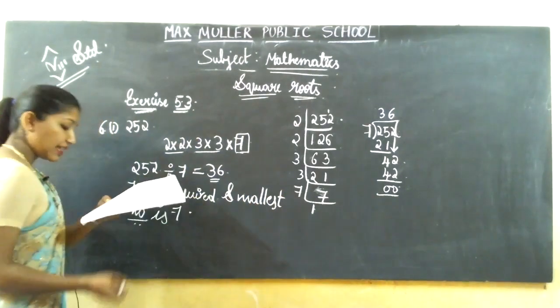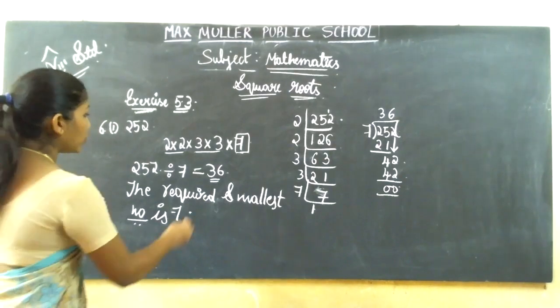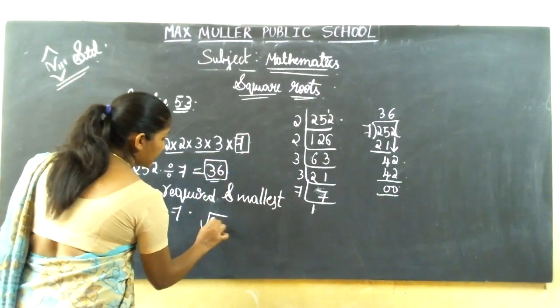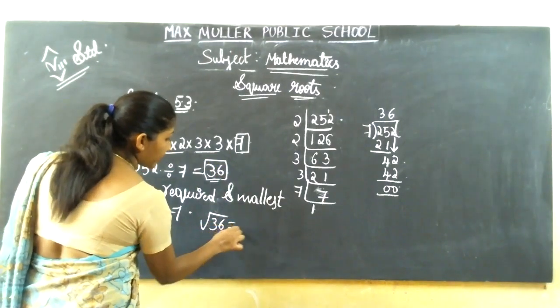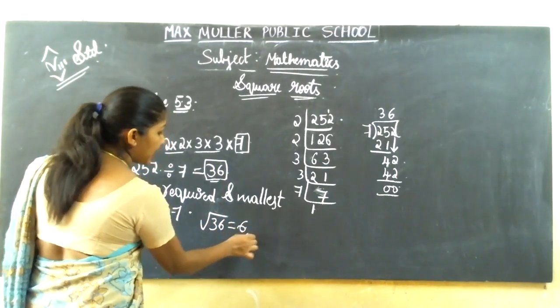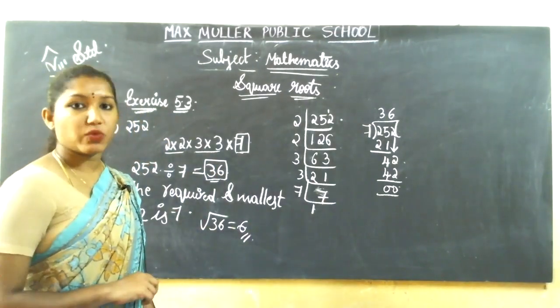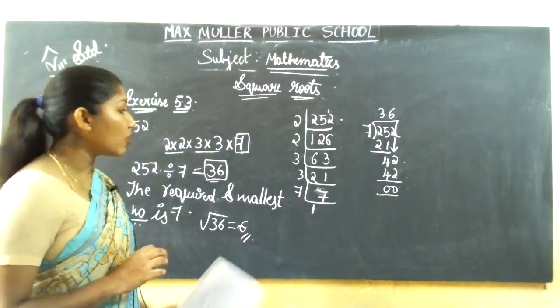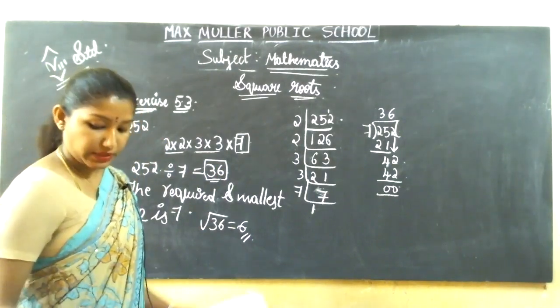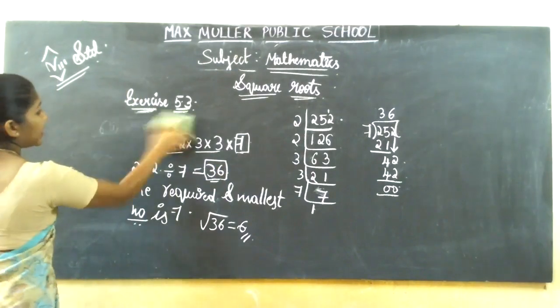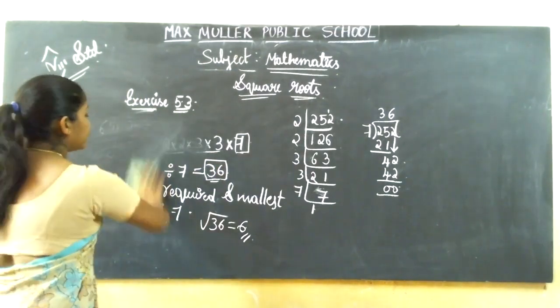Then you got 36, and you know the square root of 36 is 6, as 6 6s are 36. Like this you have to find out the perfect square number. Hope you all got this. It's easy only, students. You have to practice it. That's all. Let me go to the next problem.